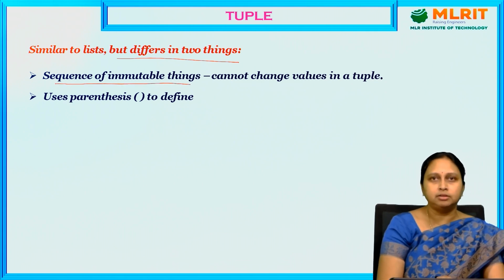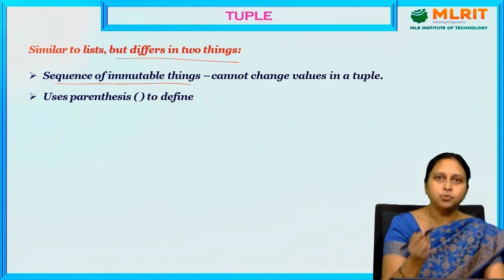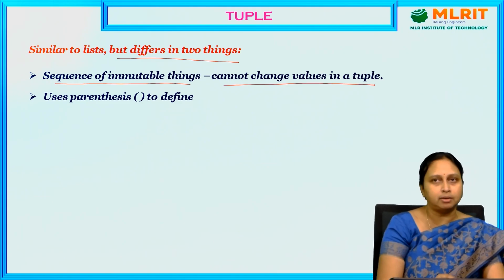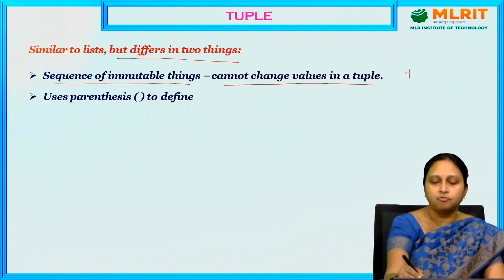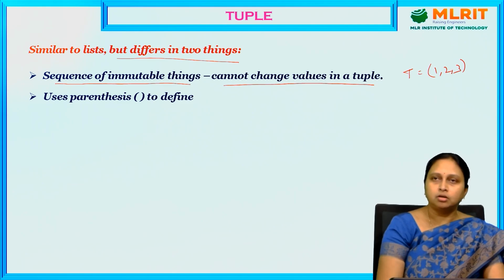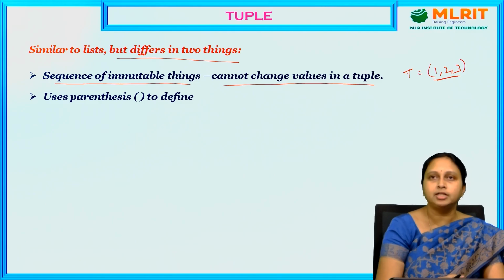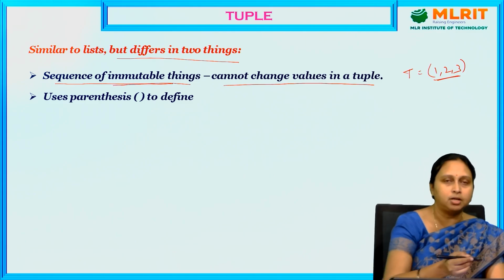Immutable means we cannot make any changes in a tuple. If you assign a tuple with some values, something like 1, 2, 3, and try to make any changes within this tuple, it is not possible. That is called immutable.